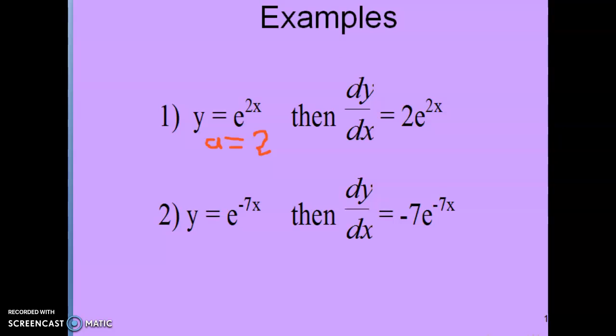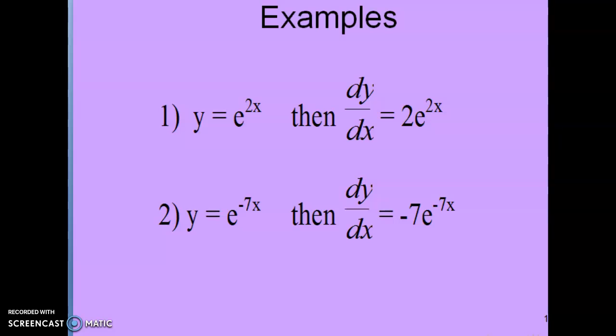So if you go to the previous page, you will see that the resulting answer is this one. Same applies for -7. Our a is now, in this case, from the previous page, equal to -7. You just drop down your -7 and here you have your answer.